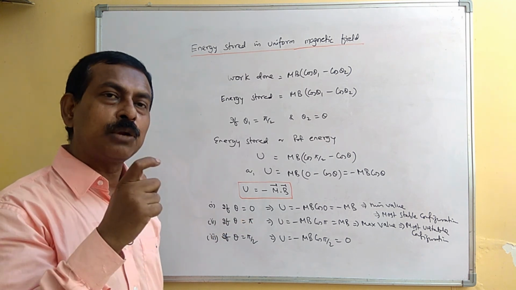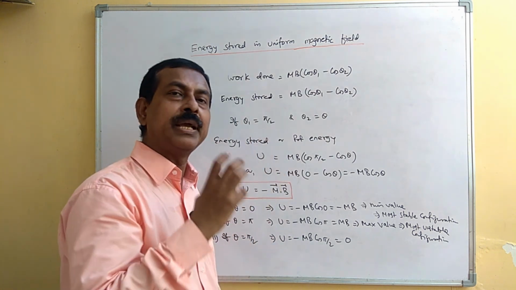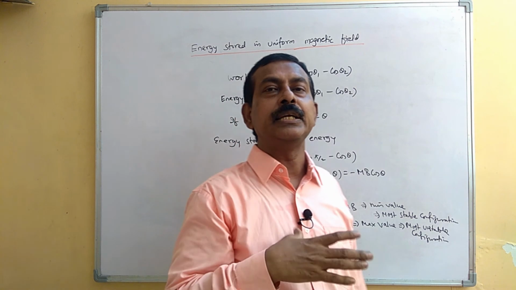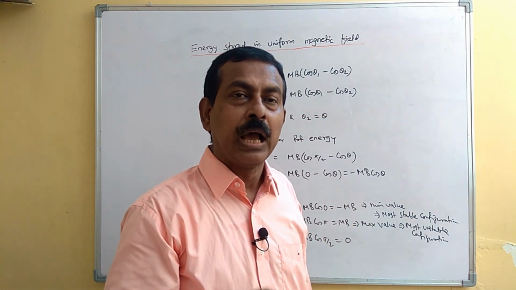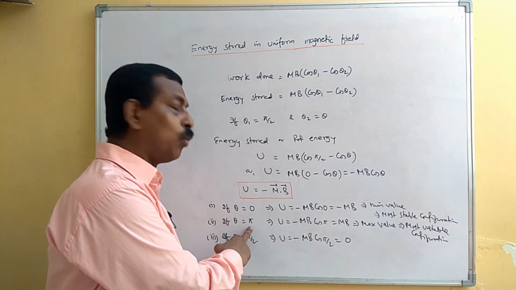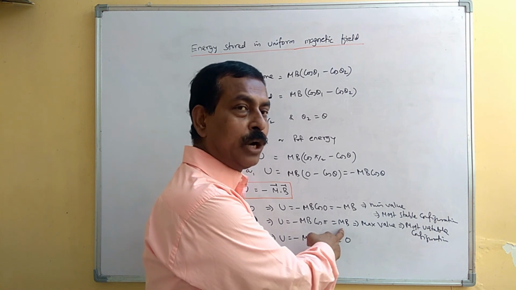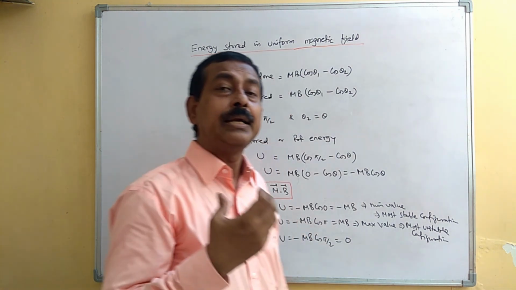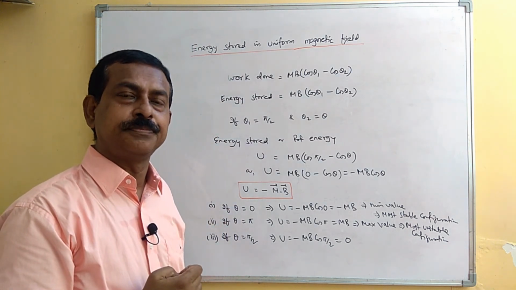In that orientation, the magnetic dipole possesses minimum energy, and definitely it corresponds to the most stable configuration. However, if theta is 180, it gives the maximum value mB, and it corresponds to the most unstable configuration.